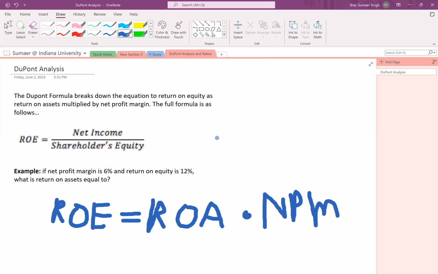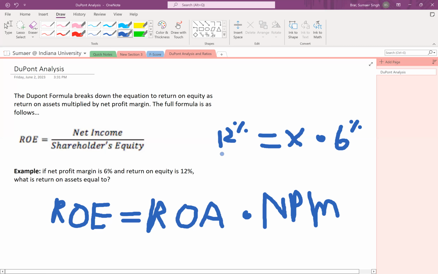And so basically this problem requires us to do some algebra. 12% equals X, which is our return on assets, multiplied by 6%.